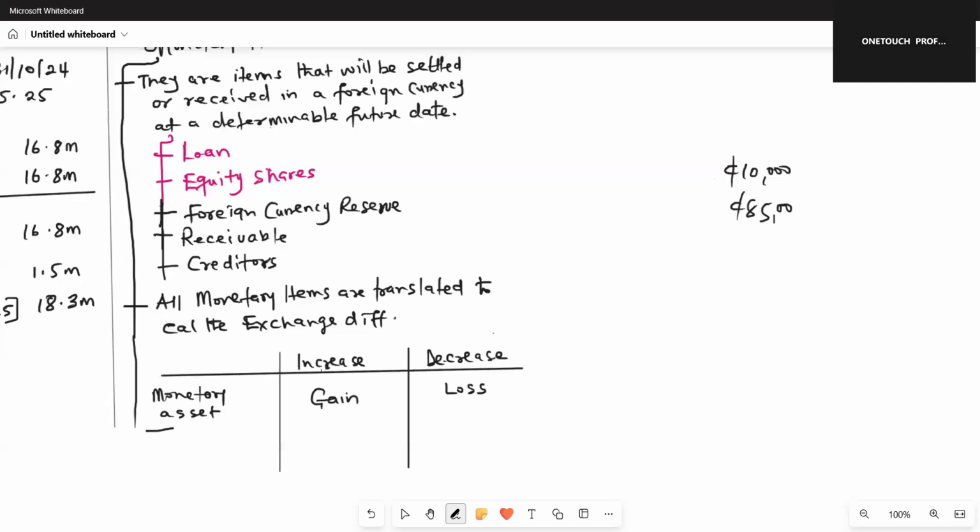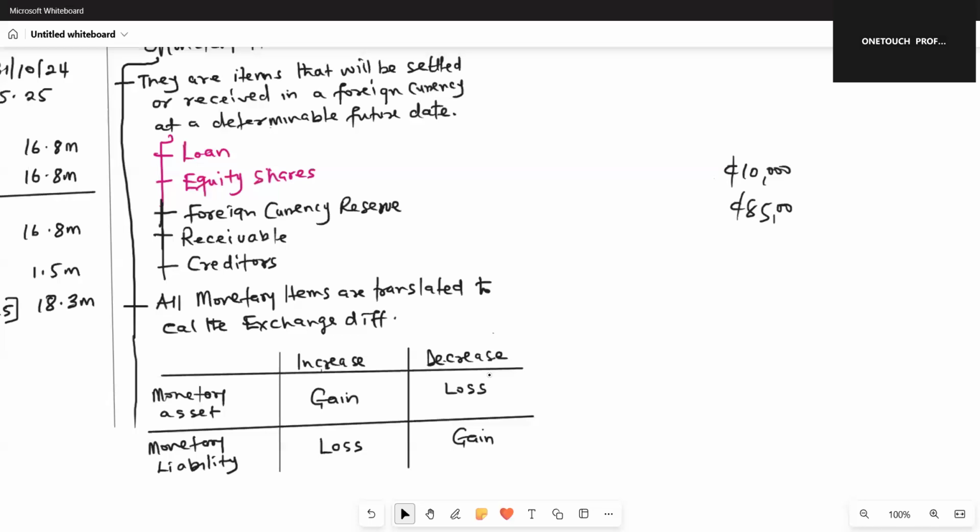Then if you have a monetary liability, if it increases, you rather have a loss. If it decreases, you have a gain. You are owing somebody that you are supposed to pay in dollars. Whenever the cedi depreciates, you'll be crying because you have to take more cedis to go and pay the person.